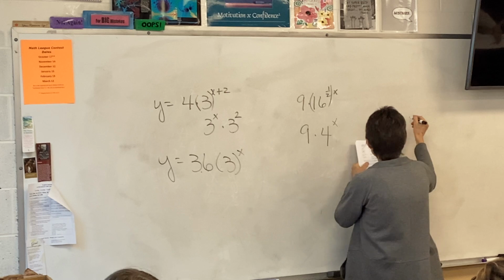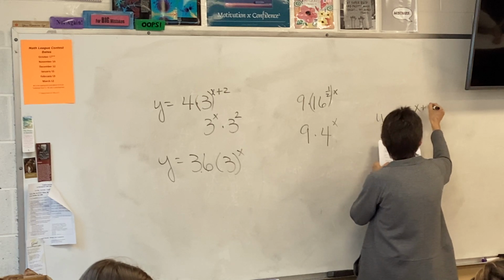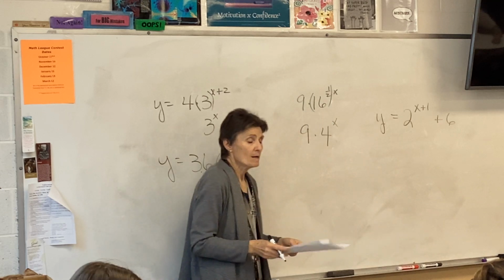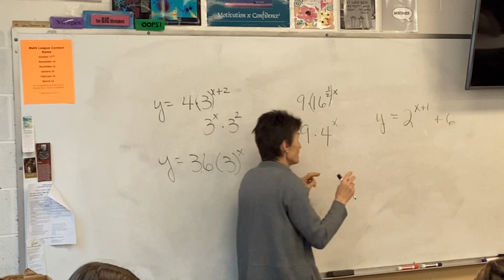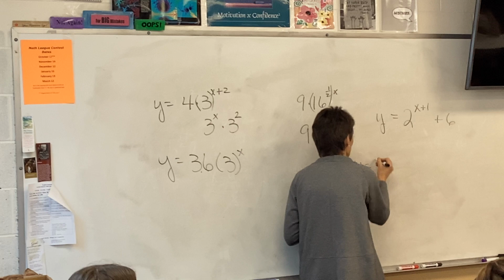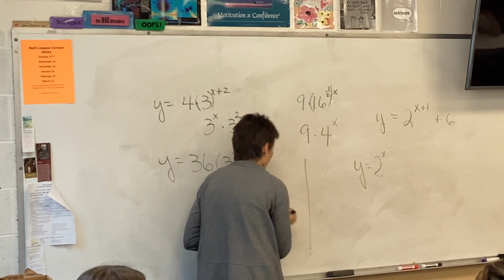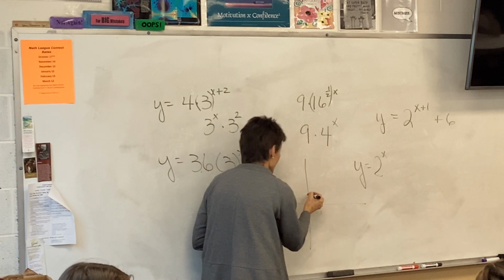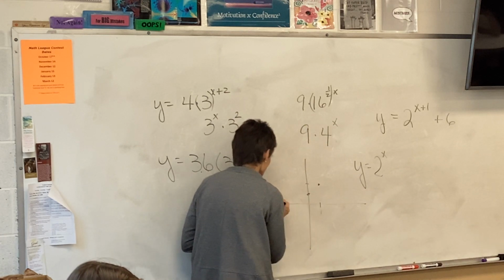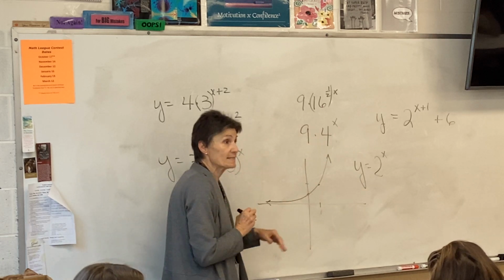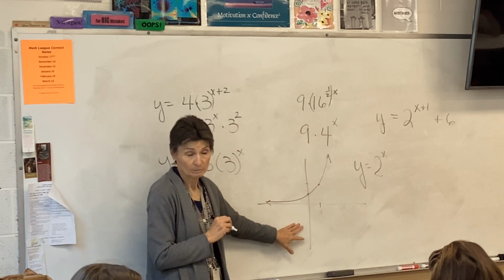So we have this G function that looks like this. What they call the parent function is y equals 2 to the x, which you know looks like this. I keep saying this, I hope you know this is what it looks like. It's exponential growth.